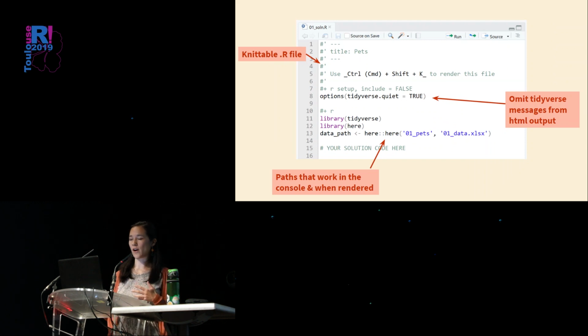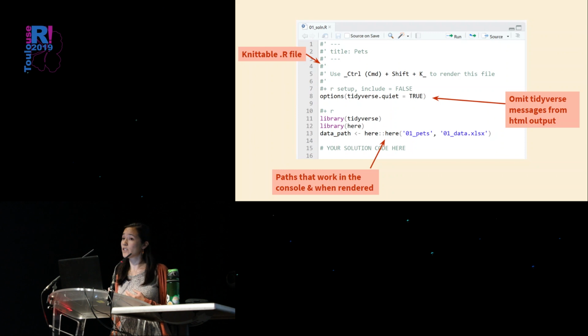Within the solution.R file, so I'm just digging one level deeper, we also try to incorporate a few little hints that people might not be familiar with. There's a hashtag apostrophe that allows you to include comments that get rendered into an HTML file. So this is the same thing as R Markdown, but for more code-heavy documents.